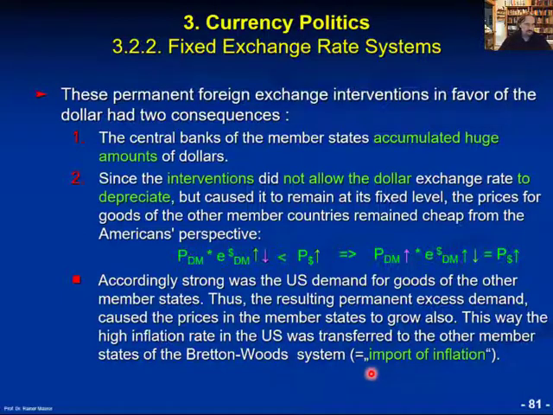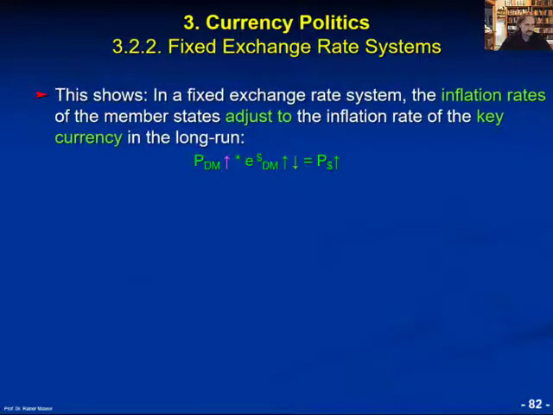This is what we call import of inflation. This example shows that in a fixed exchange rate system, the inflation rates of the member states adjust in the long run to the inflation rate of the key currency.